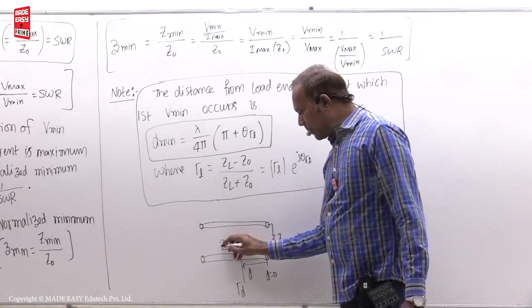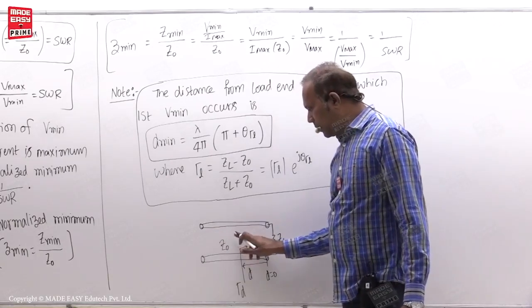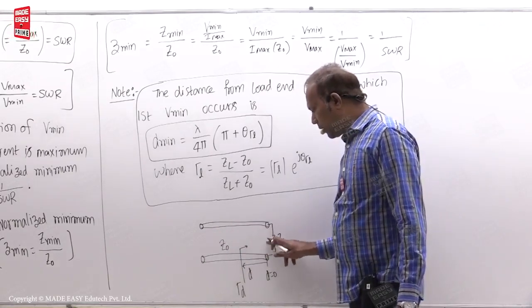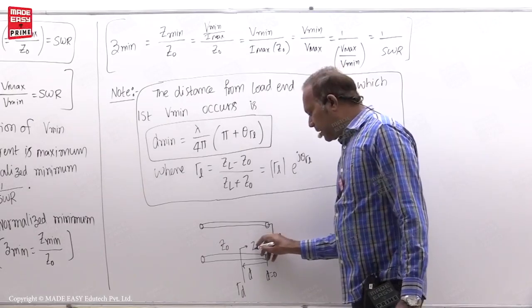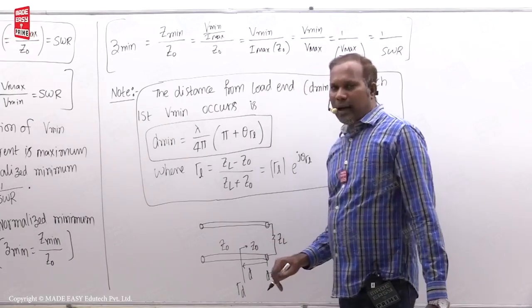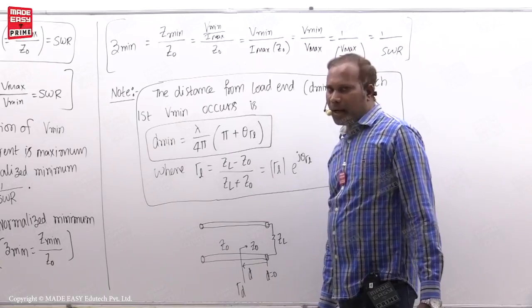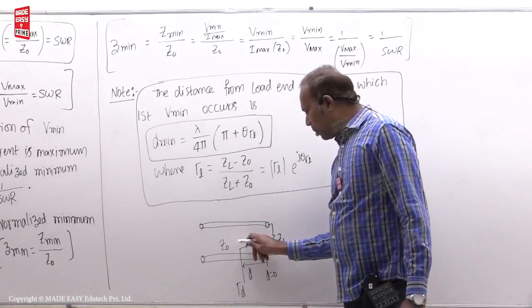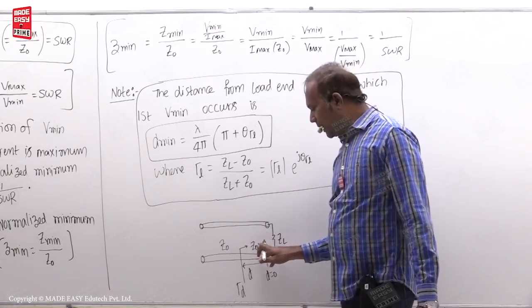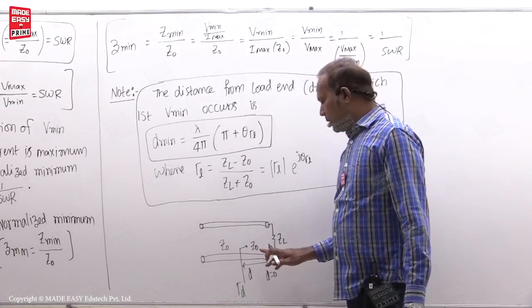I told you this characteristic impedance can be written anywhere. Sometimes they write like this also. And like in analog circuits, don't think that if I put an arrow mark, that means impedance is equal to Z0 here.